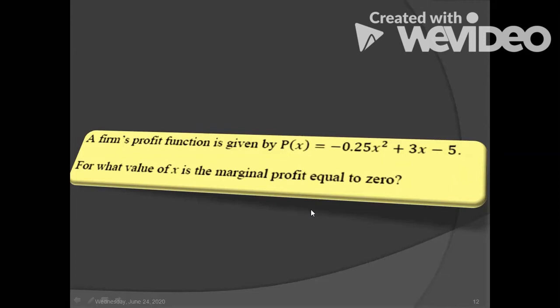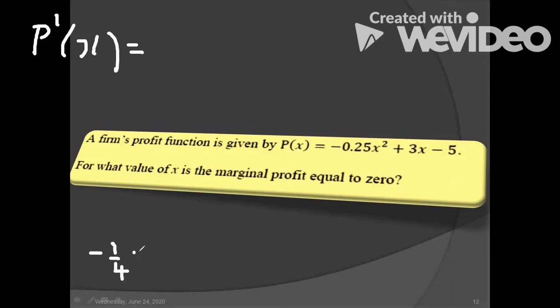It would have become p prime x. When I differentiate this, 0.25 is actually a quarter.